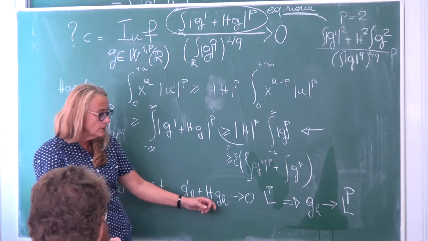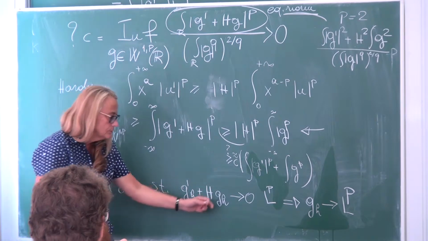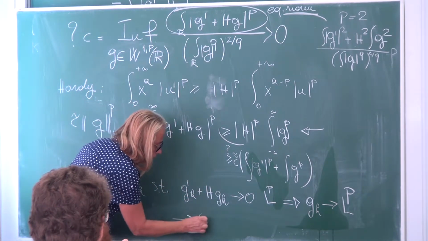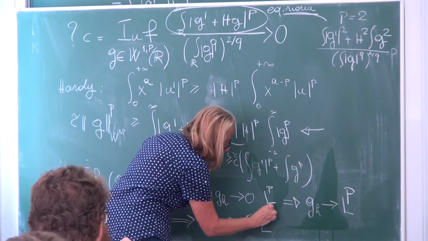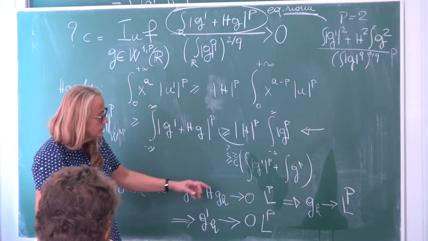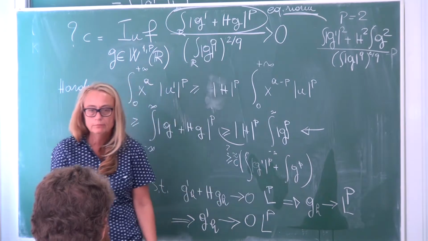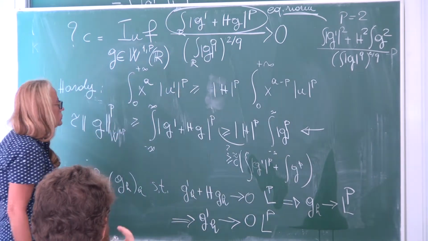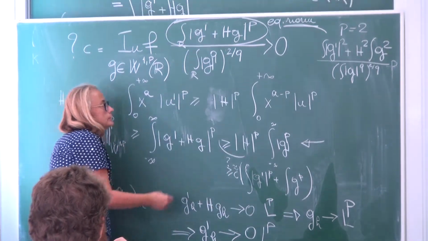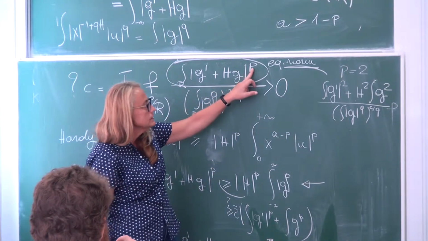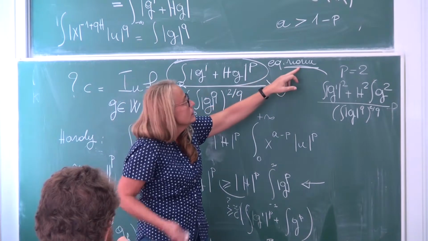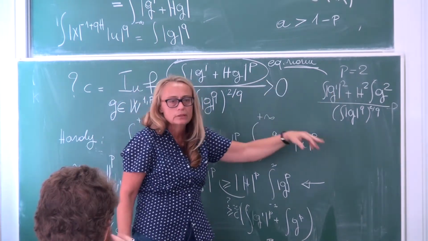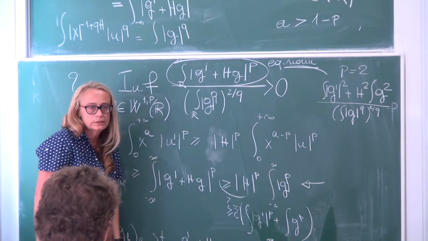But if g_h goes to 0 in L^p, and this is your assumption, then clearly also g prime of h goes to 0 in L^p. That means that g goes to 0 in the W^{1,p} norm. So actually, if p is equal to 2, then this is evidently explicitly an equivalent norm, but in any case, for any p, it is an equivalent norm.